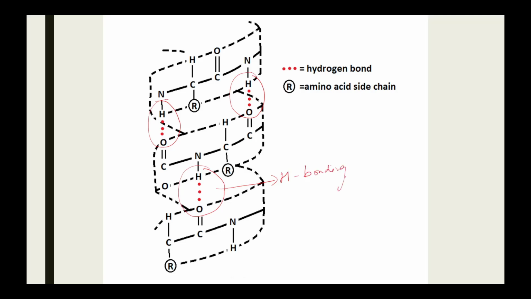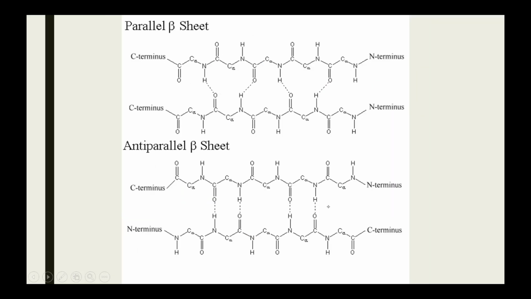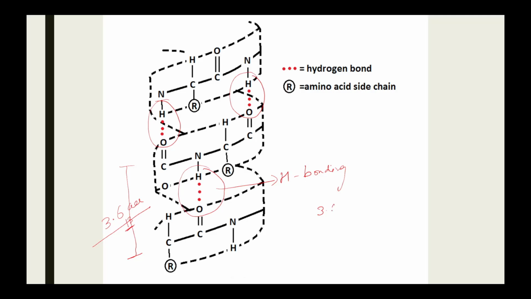Each helix turn involves 3.6 amino acid residues and a total of 13 atoms take part in one whole turn. That is why the alpha helix is also called the 3.6-13 helix.